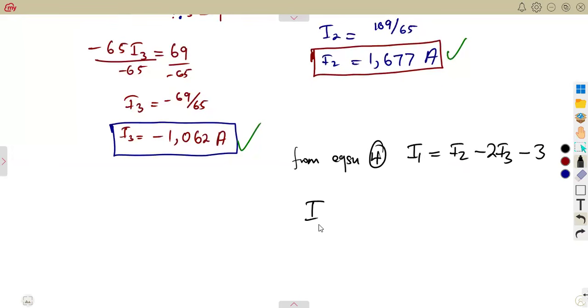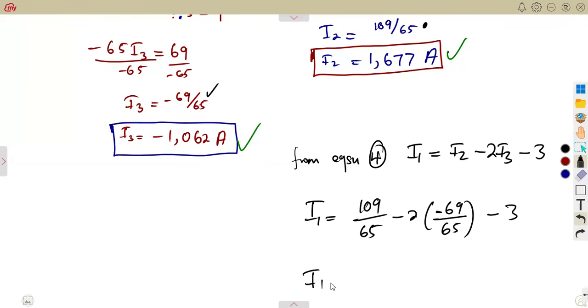So you can substitute these values to obtain I1 because we have I2, we also have I3. So like I said, to obtain exact values, just substitute the fraction. By substituting the fraction, you obtain exact values because these are rounded off values. So I2 as a fraction, that's 109 over 65 minus 2 times I3. Remember I3 here as a fraction, that's negative 69 over 65 minus 3.